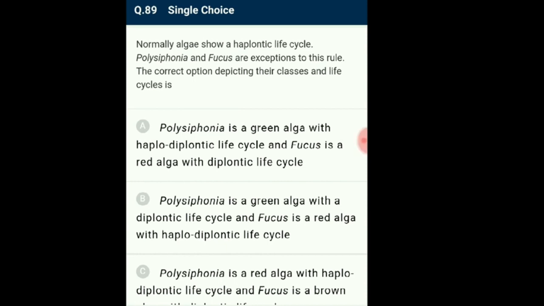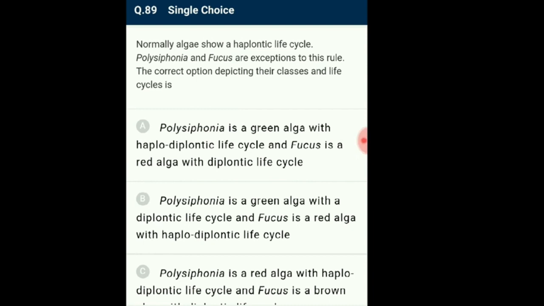Haplodiplontic life cycle is a cycle in which a dominant independent photosynthetic thalloid or erect phase is represented by a haploid gametophyte, and it alternates with the short-lived multicellular sporophyte, totally or partially dependent on the gametophyte.